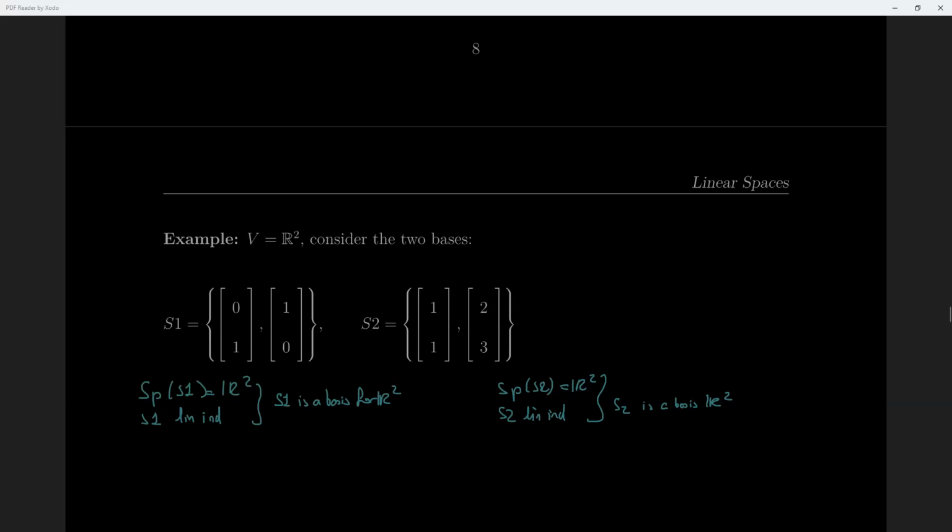Exactly, there are many advantages. We will come to that later. There will be a coordinate transformation, and in certain applications you would definitely like to express your vector in terms of a specific basis set. For example, different basis sets can have different properties. For example, this S1 set is called the canonical basis set. Here you have one element non-zero, all other elements equal to 0.